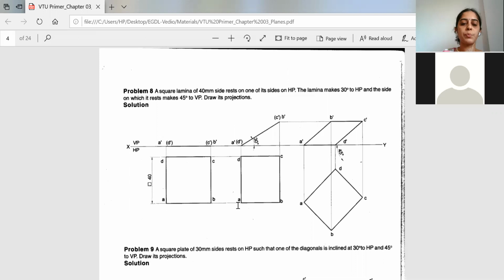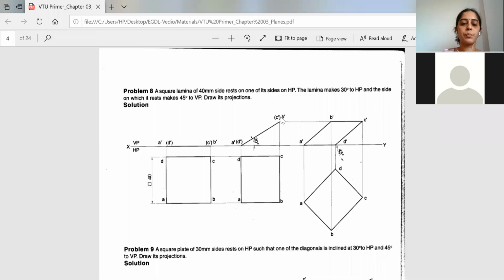Read the locus. Locus of A is meeting at locus of A dash; write it as A. Locus of B is meeting at B dash; write it as B. Locus of D is meeting at D dash; write it as D. Locus of C is meeting at C dash at this point. So then this will be C.